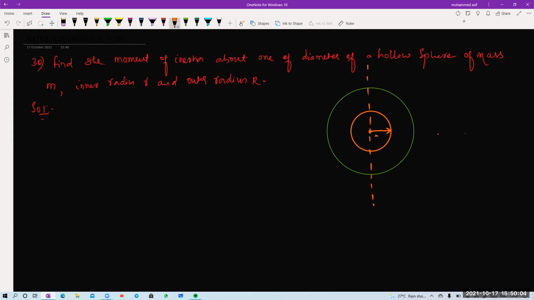The inner radius is small r and the outer radius is capital R. So this is the given condition. That means the inner part is completely hollow.